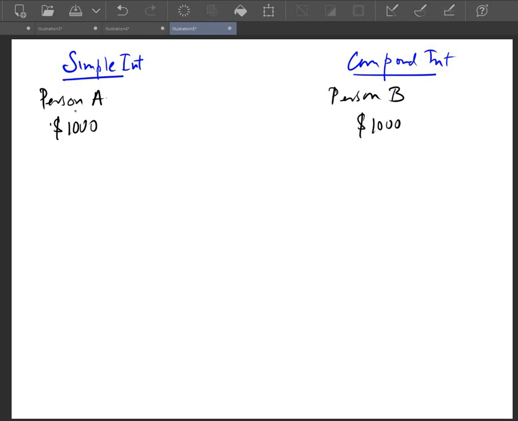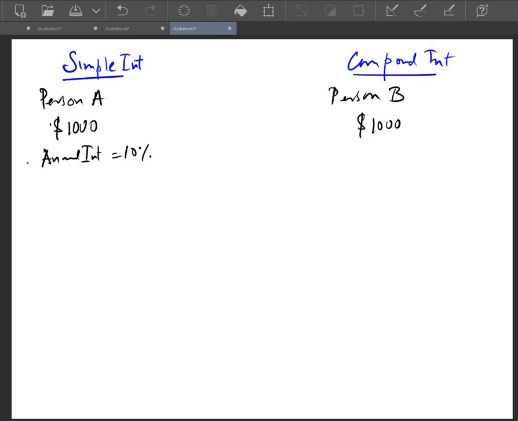So let's say this person A goes to a bank and the bank says, all right, we are happy to keep your $1,000 with us. And since you're becoming my customer, I pay you an annual interest of 10%.